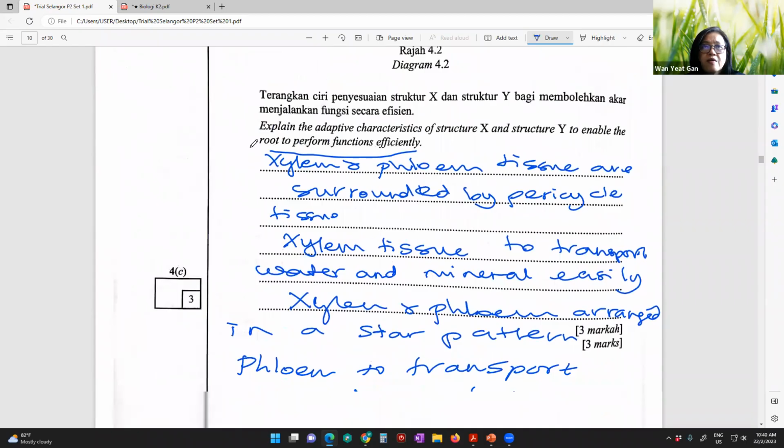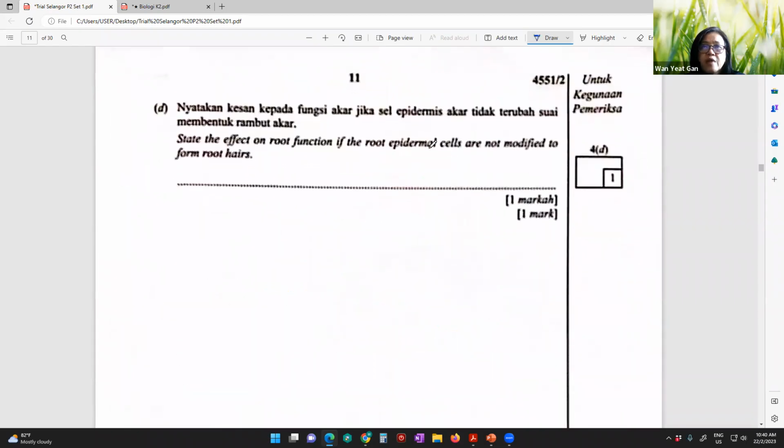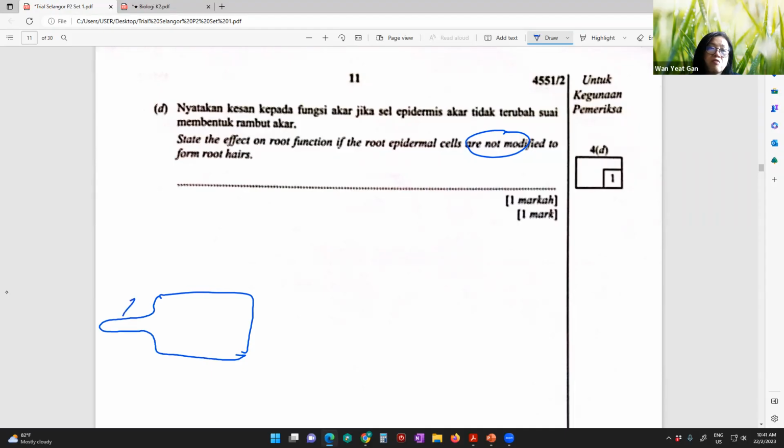Now, state the effect on root function if the root epidermal cells are not modified to form root hair. Okay, not modified. So be careful of the question. Sometimes they put it negatively. Your answer should be: root hairs are modified to have long projections, and these long projections increase the surface area for the absorption of water.